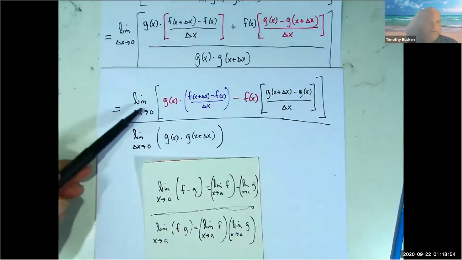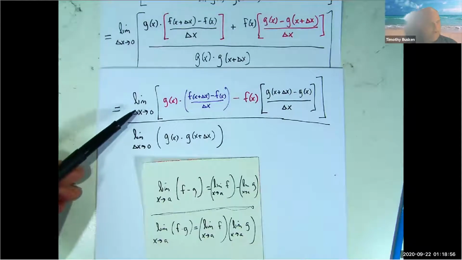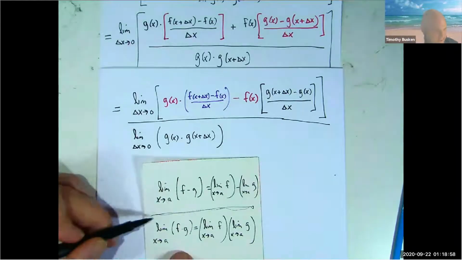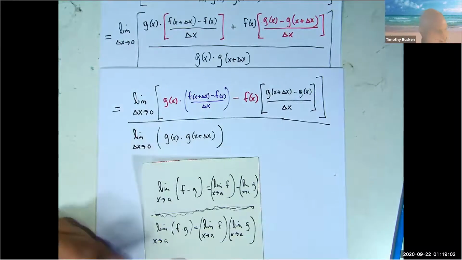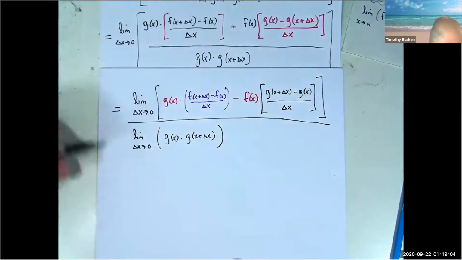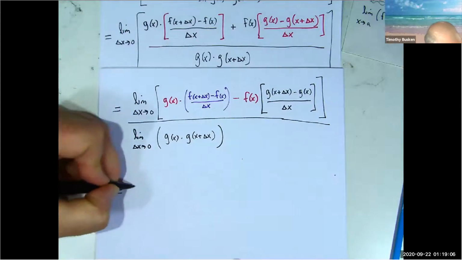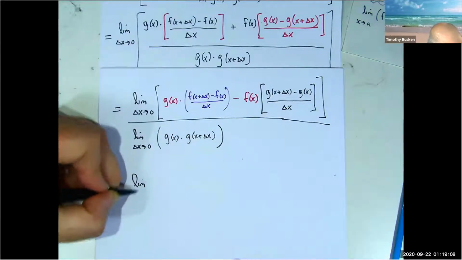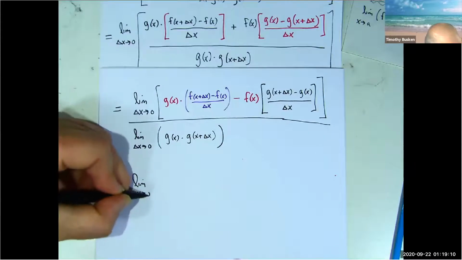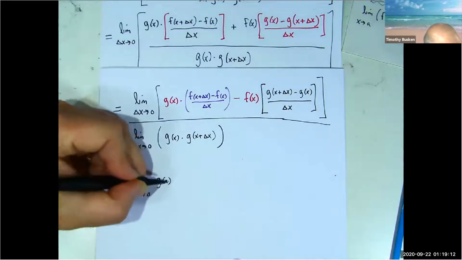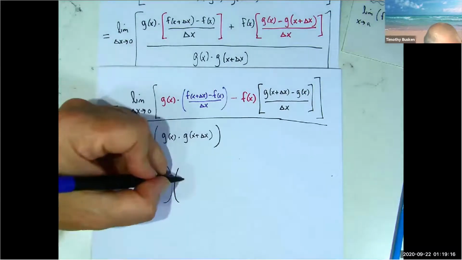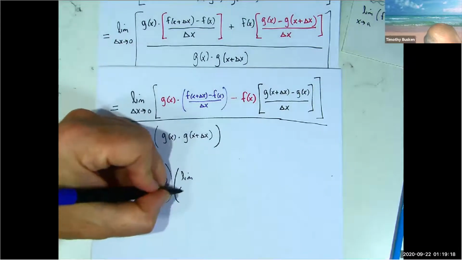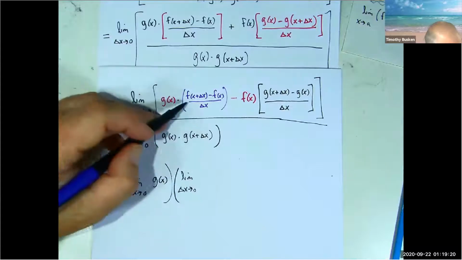So in this numerator now, I'm going to use the difference property of limits and the product property for limits. And so I can write the numerator now as the limit as delta x goes to 0 of g of x times the limit as delta x goes to 0 of this difference quotient here.